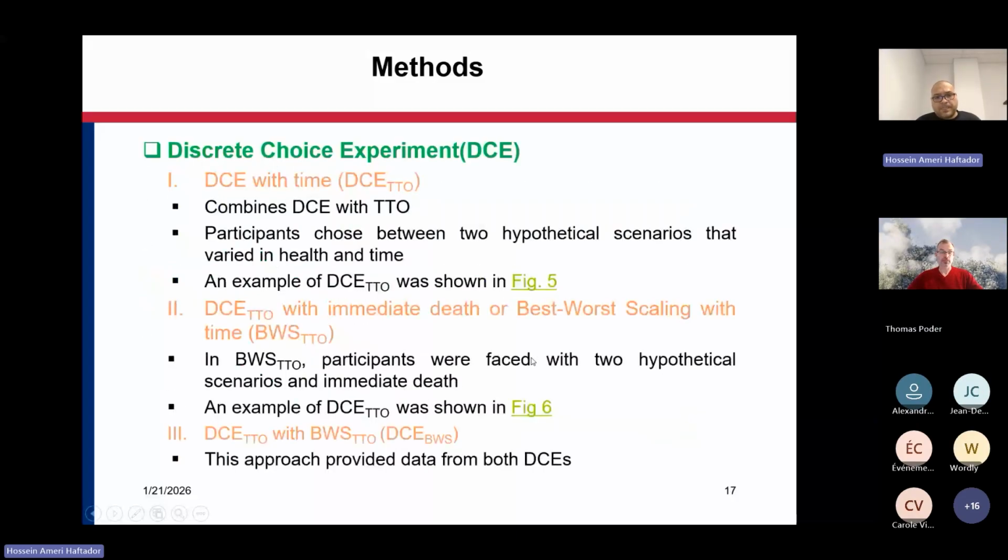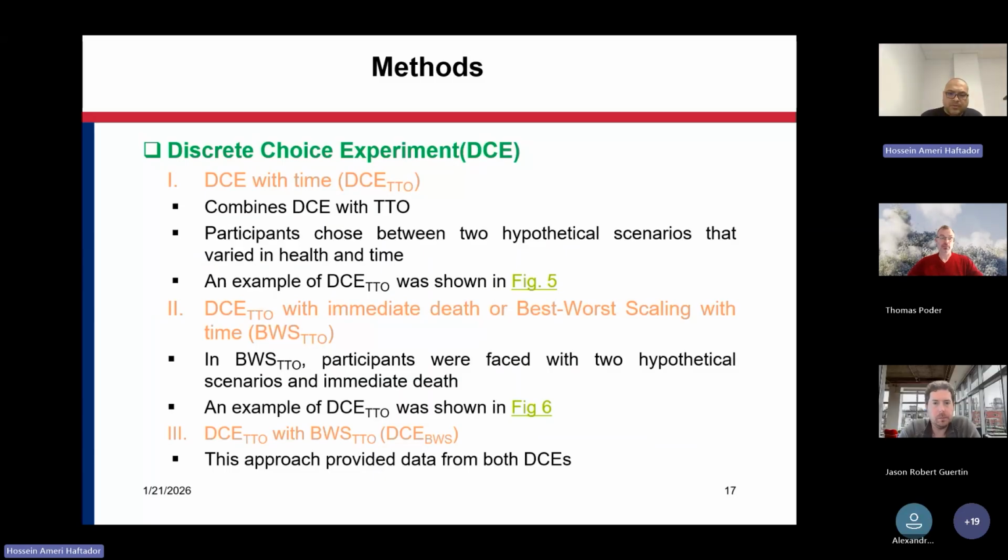We use different types of DCE: DCE TTO, BWS, and DCE BWS. In DCE TTO, a participant was presented with two hypothetical scenarios or health states. Here is an example of DCE TTO.